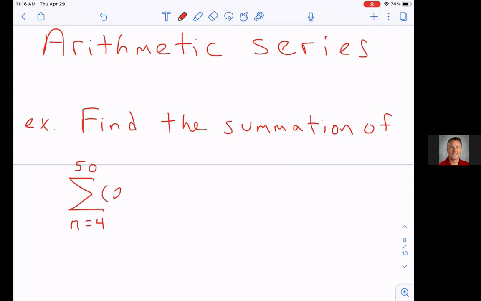And my equation is 2n plus 3. So again, a lot of this goes back to, do we understand what is being asked? You know, this is our question. It's saying, this part tells us we're going to add them all up. This is the first number we're going to plug in, 4, and then we're going to plug in 5, and then we're going to plug in 6 and 7 and 8, 9, 10, all the way up to 50.